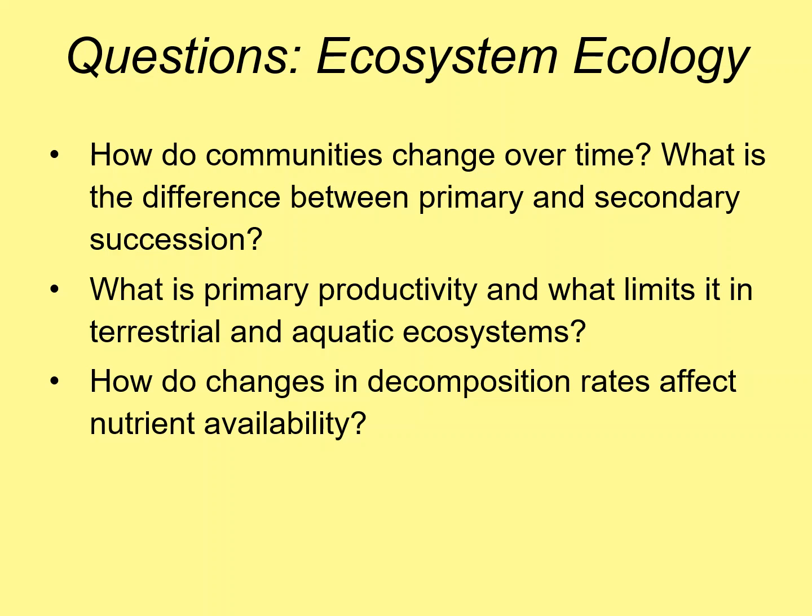So for this particular EdPuzzle, we're going to look at how the structure of communities changes over time, going, for example, from an open meadow to a mature forest, and what exactly succession is, and the difference between primary and secondary succession.